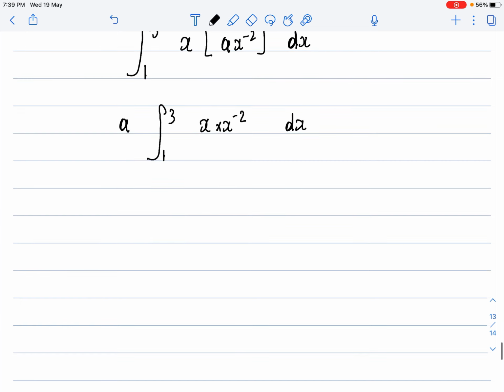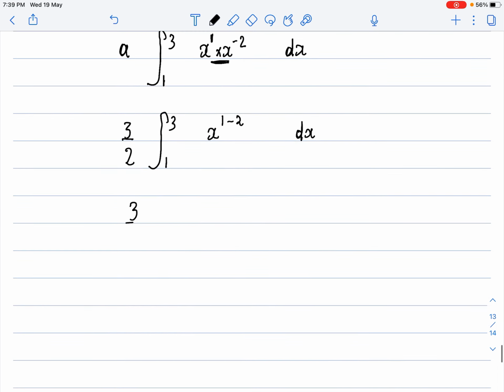I know my a is simply 3 over 2, with the integration from 1 to 3, and this basically is x raised to 1 minus 2, correct, using simple indices because this is x to the power 1 here, dx. So now I can write this as 3 over 2 with the integration from 1 to 3 of x raised to 1 minus 2, which is simply minus 1, dx.